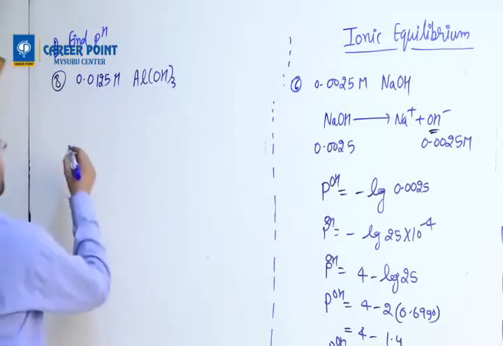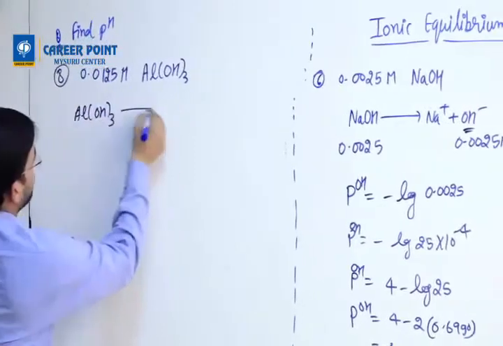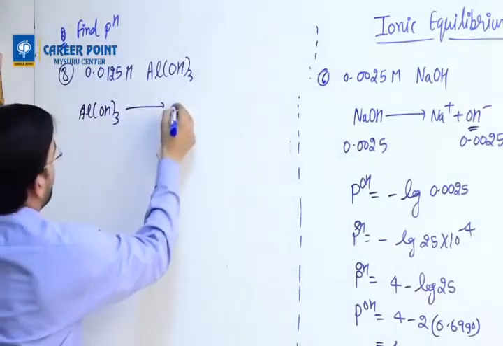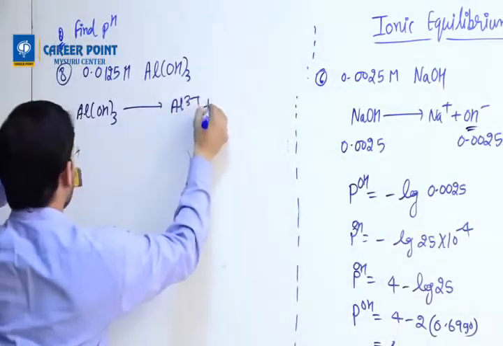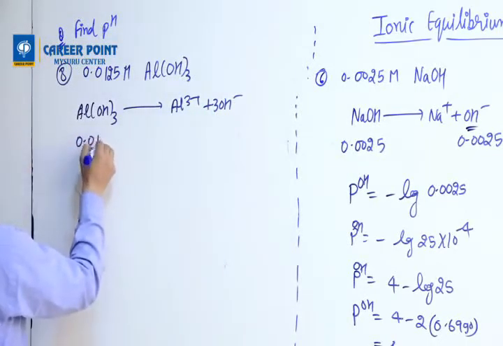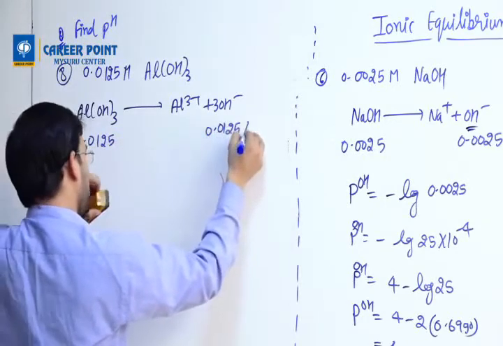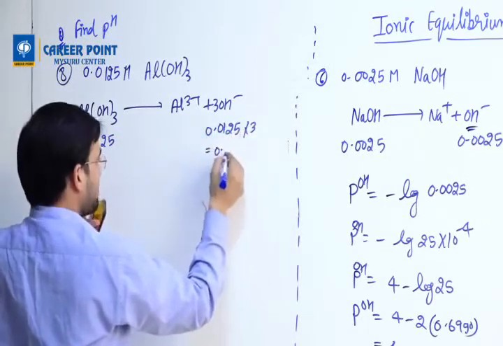Okay, now we'll see this question, and we'll see it fast. Al(OH)3 gives rise to Al3+ and 3OH-. So 0.0125 into 3.